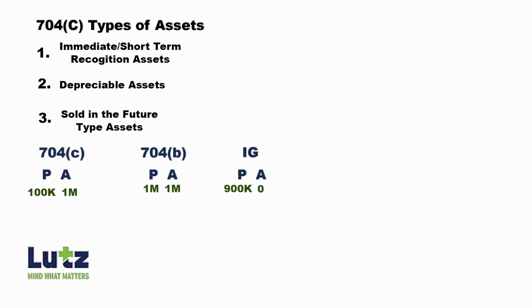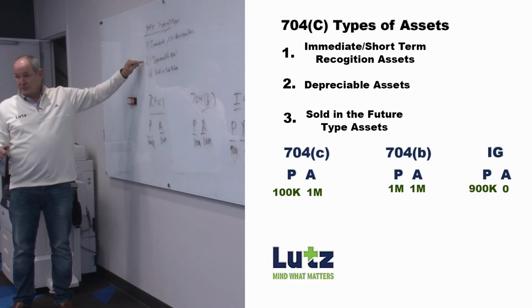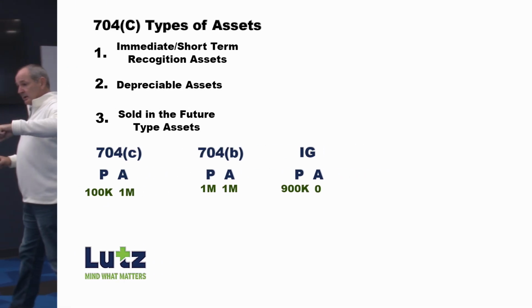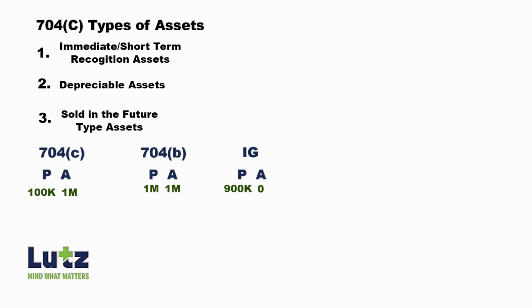And you're like, well, wait a minute, what's this required versus not required, and how do I know what to do? Now, what land falls into which category? Is it short-term immediate? No. Is it depreciable? No. Sold in the future. So that inherent gain is sitting there waiting to generate a required allocation, and the only time that's going to generate a required allocation is when? When it's sold.